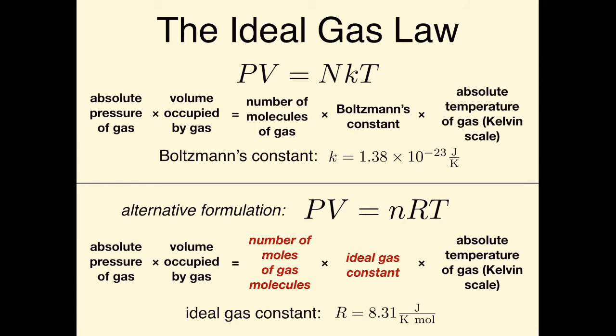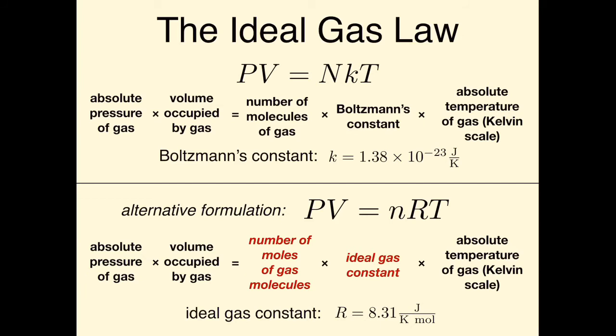And then finally, T is the temperature of the gas, but we have to be very careful when we look at that variable T. T is what we call an absolute temperature, so it's in the Kelvin scale. You can only use the ideal gas law if you're using absolute temperatures measured in the Kelvin scale. It just doesn't work if you use Celsius or Fahrenheit, okay?